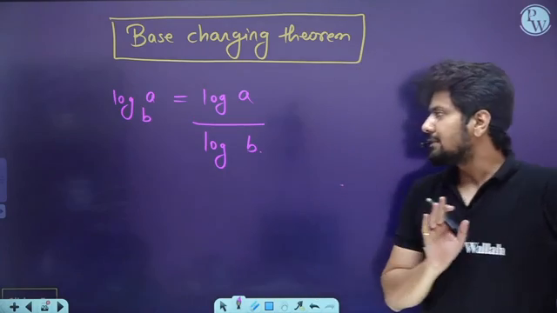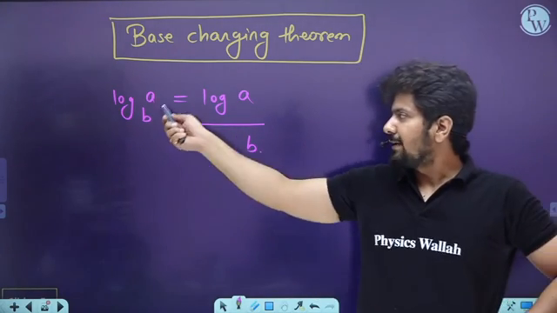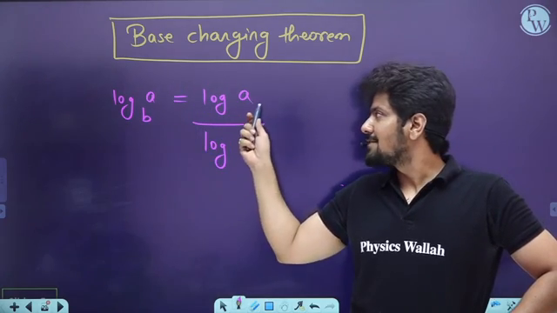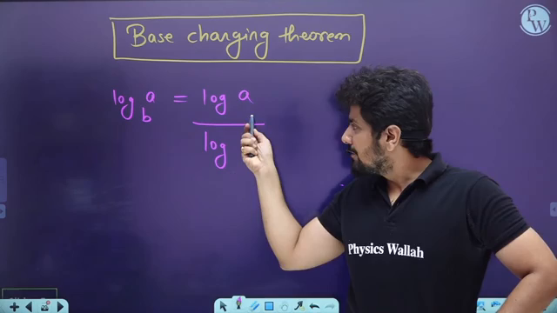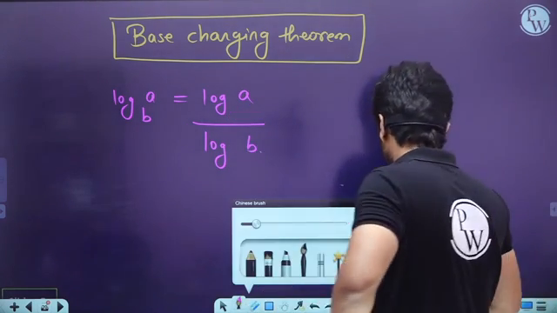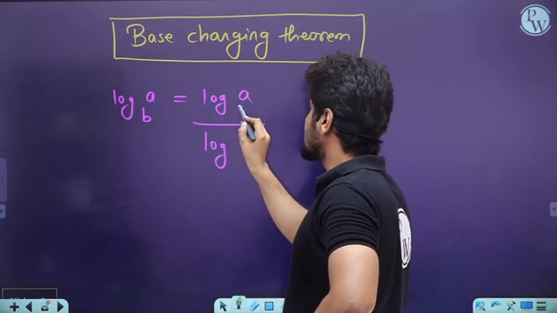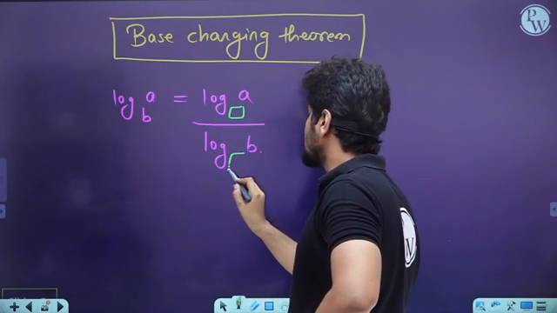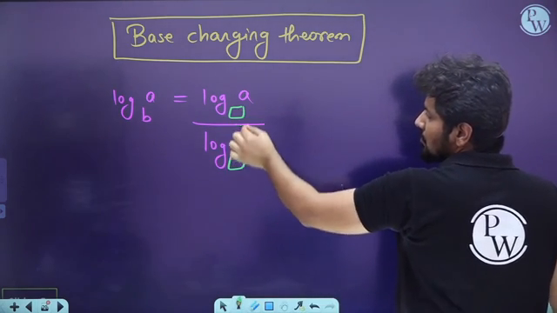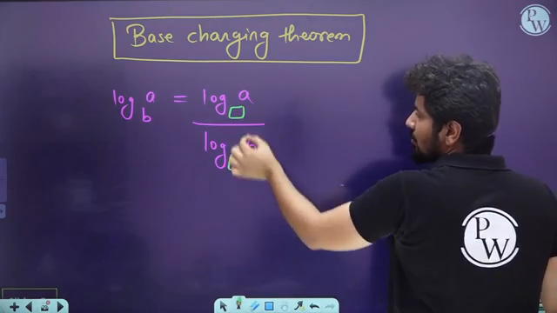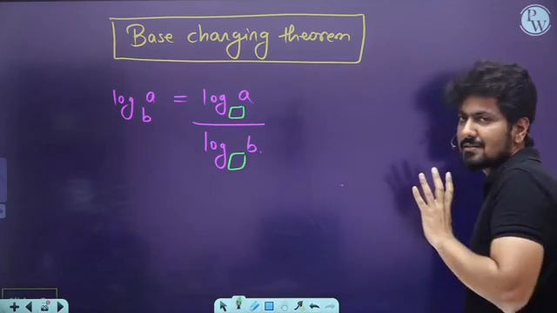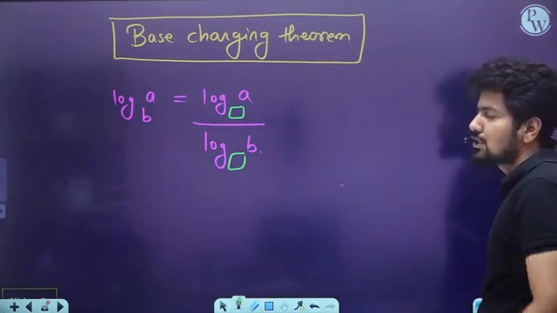This theorem says that log of a, currently the base is b, we can write as log of a upon log of b, and we can choose any common base over here, whatever you want. You can choose the base as 10, or c, or e, or 5, or 3, or 2, whatever you want. As the name suggests, base changing theorem.